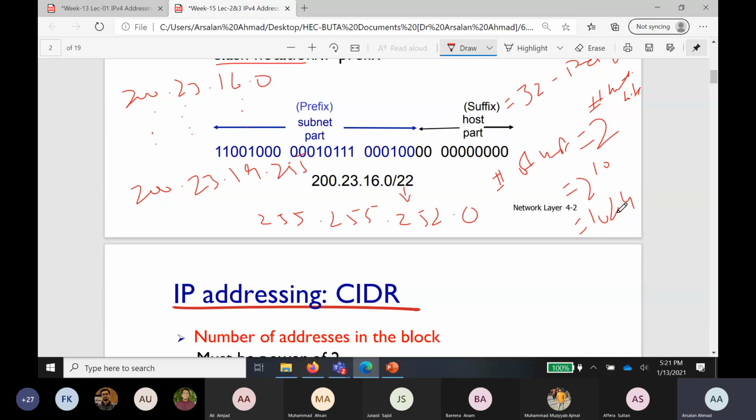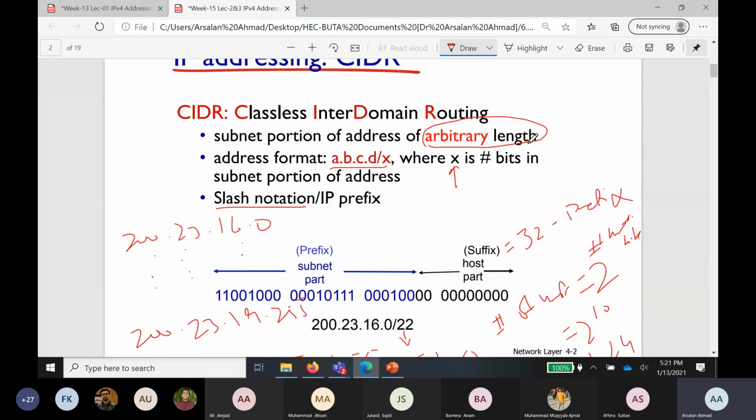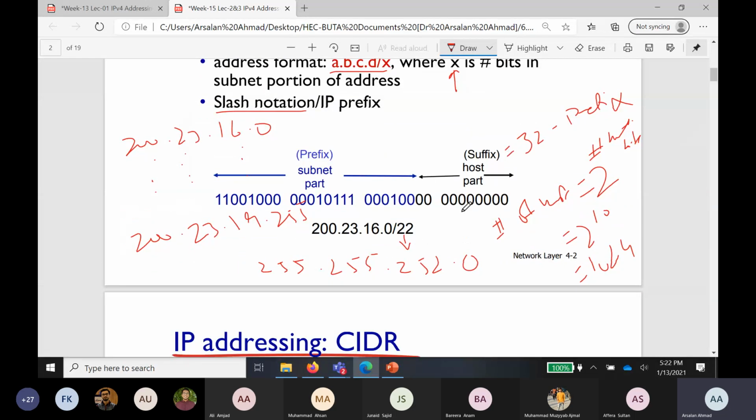Okay, 1024 addresses means 4 class C addresses. So by having this subnet mask of arbitrary length, we are allowing a subnet portion of arbitrary length. In the classful scenario, this concept is called supernetting.